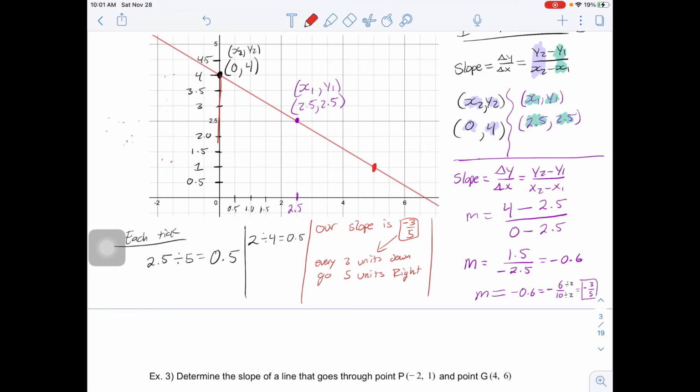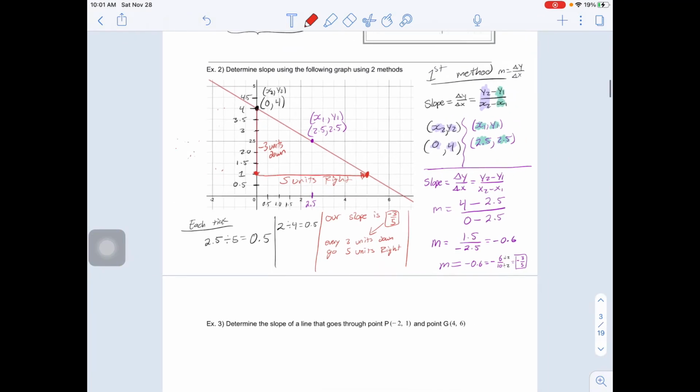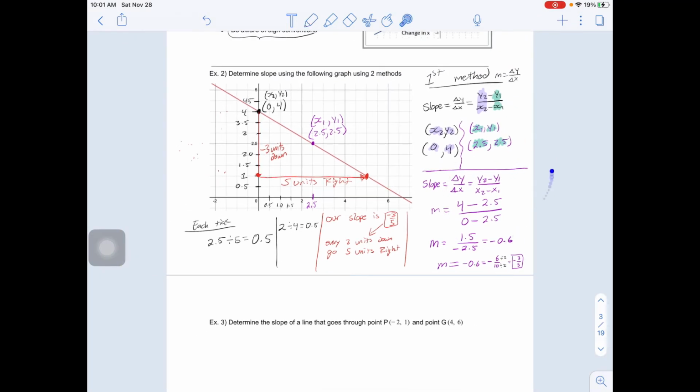So we go 3 units down, which ends up right here. And then 5 units to the right. Five units right. And you do end up on a point. So that's how to use your equation.